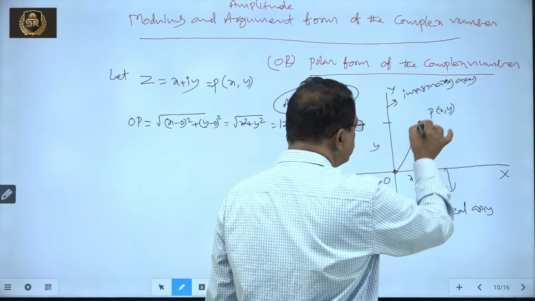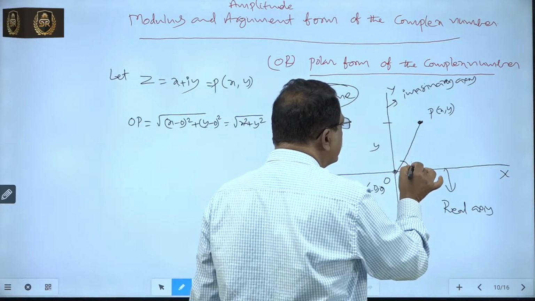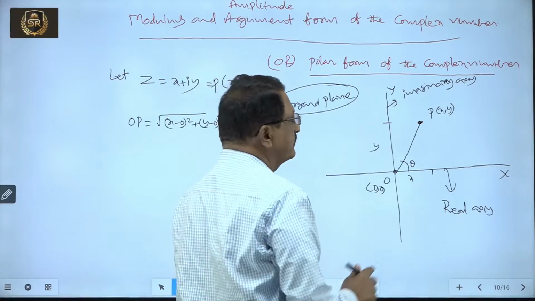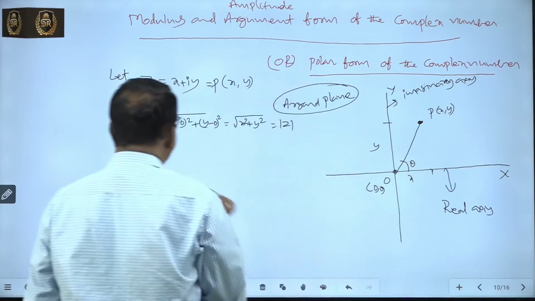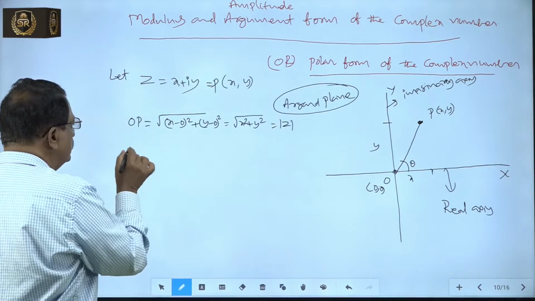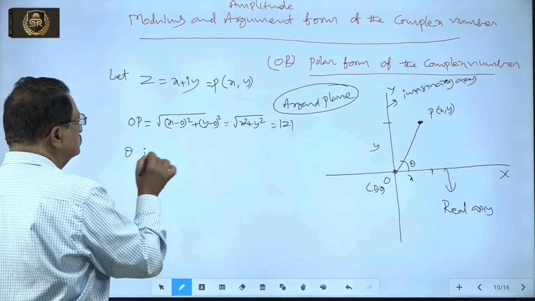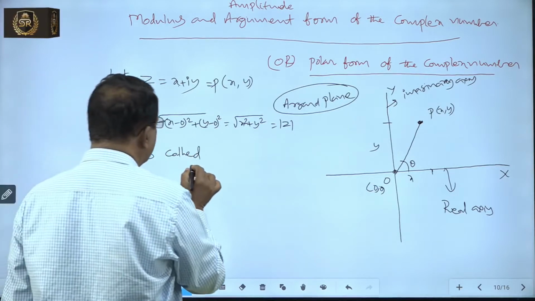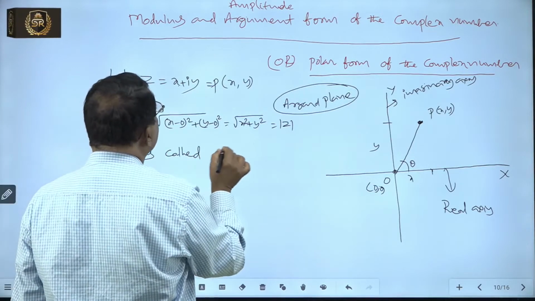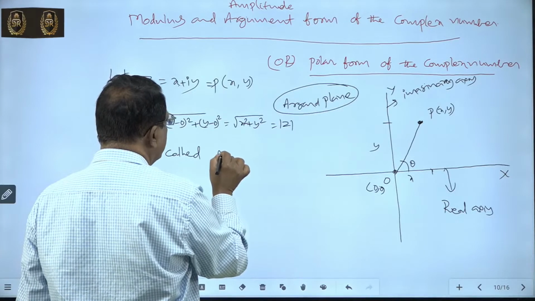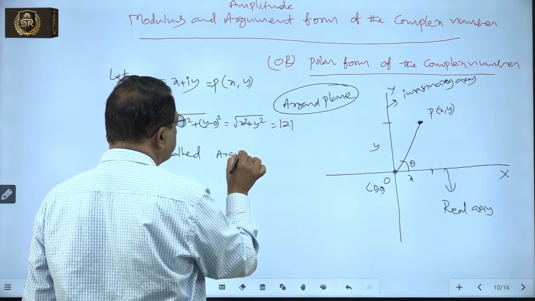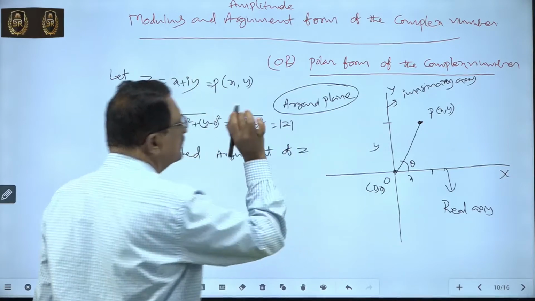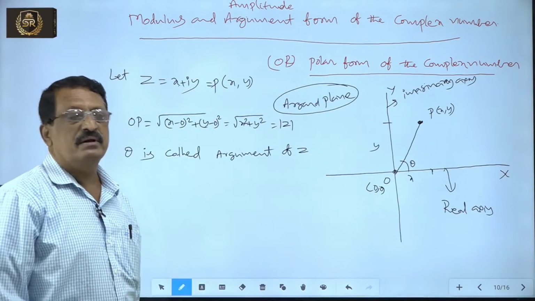Suppose OP is inclined at an angle theta with the x axis in the positive direction, then theta is called the argument of z.